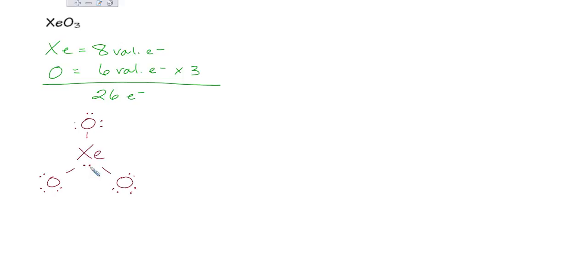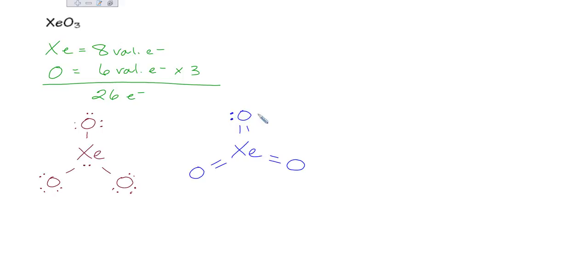Okay, so now where do we go? You can do whatever your little heart desires. You can go kind of crazy here. Since xenon can take an extended octet, you could do all double bonded oxygens. Let's see what happens here.